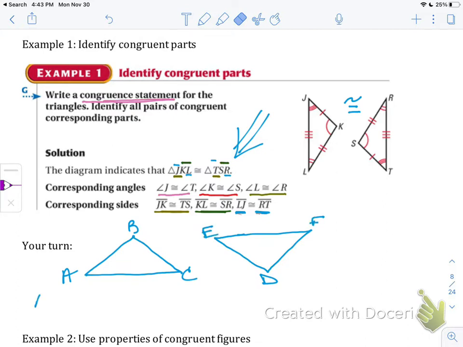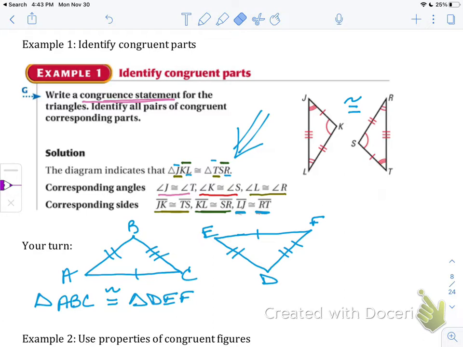So if I say triangle ABC is congruent to triangle DEF. Okay, so hold on a second.